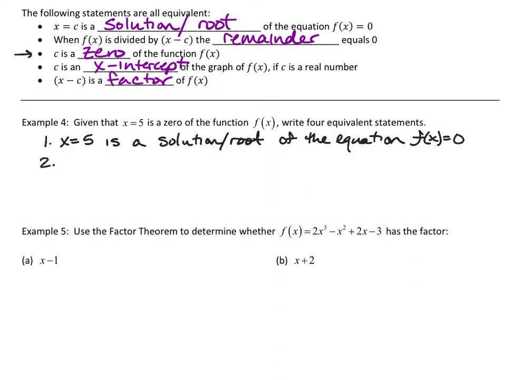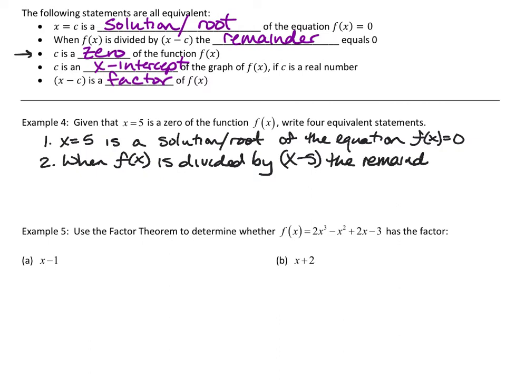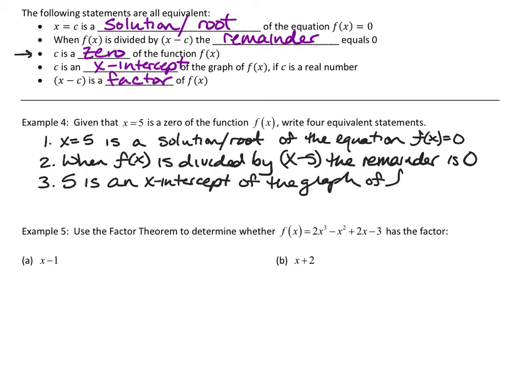We can also say when f of x is divided by x minus 5, that factor, x minus c, right? The remainder is going to be 0. A third statement we can say that's equivalent is that 5 is an x-intercept of the graph of f of x, because 5 is a real number, so we can say that.